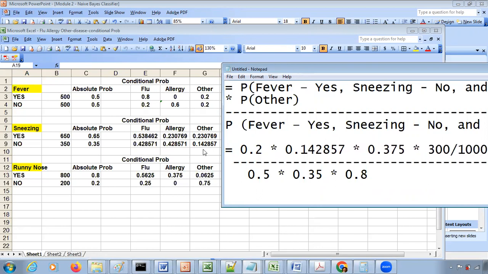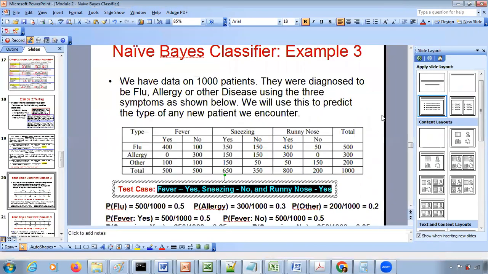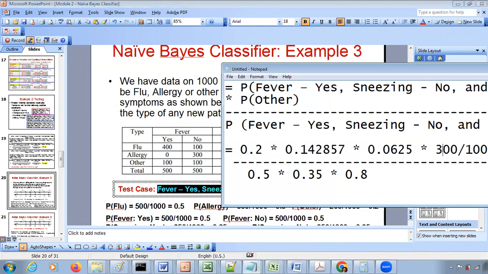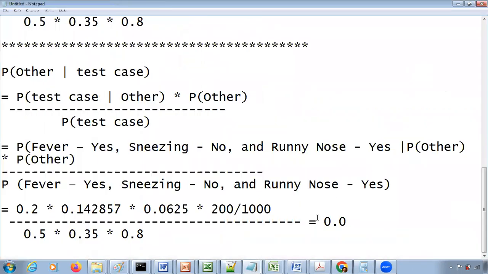And runny nose yes with other is 0.0625. And out of the 1000 people, 200 reported other diseases overall. The denominator is going to be the same.